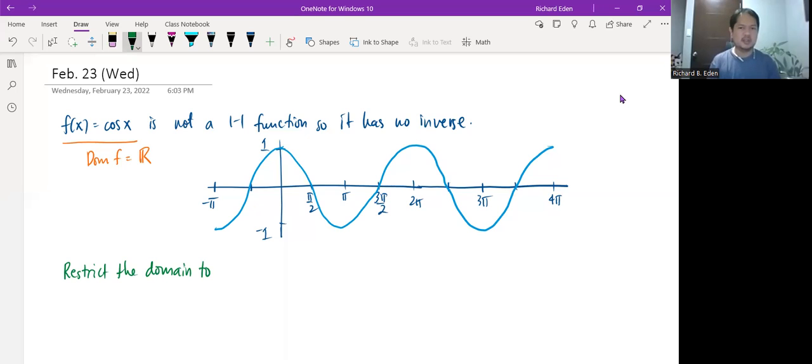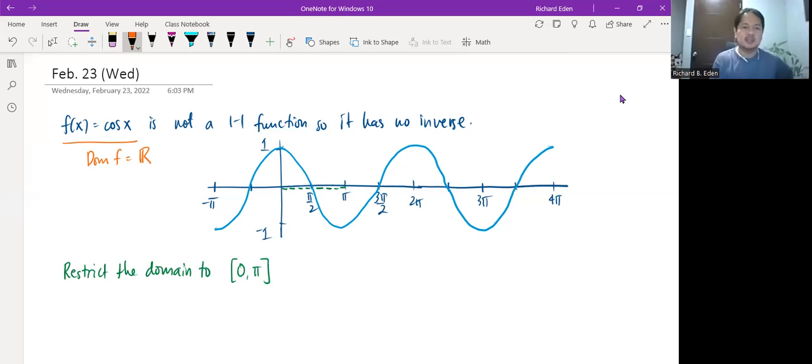Sandali lang, hold on. Okay, got it. Restrict the domain to the following interval, 0 to pi. So that interval on the x-axis is this, 0 to pi. And so what we're going to do is consider only this particular portion of the graph. So ito lang. So from here to that point, yun lang na i-consider natin.